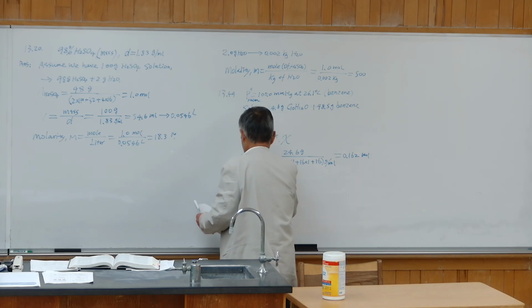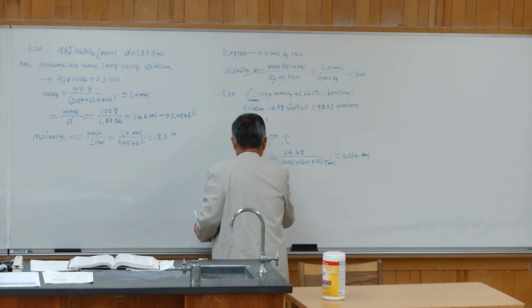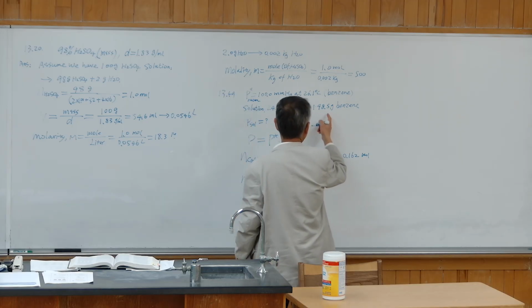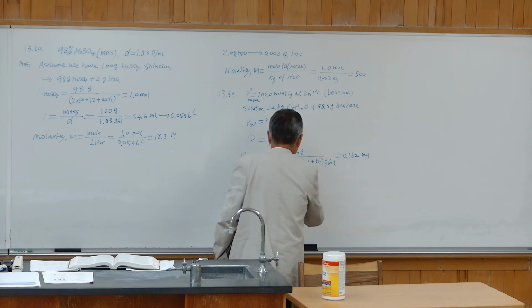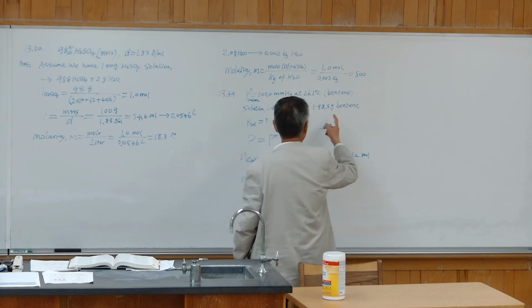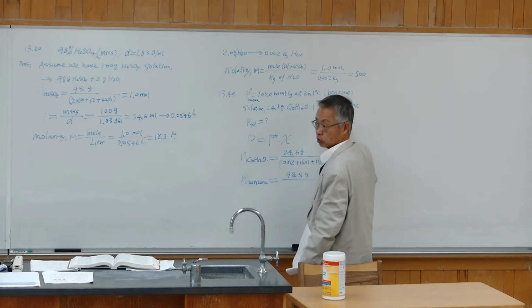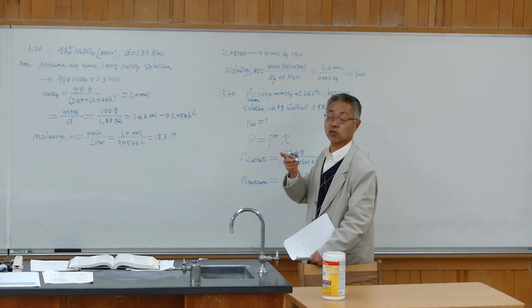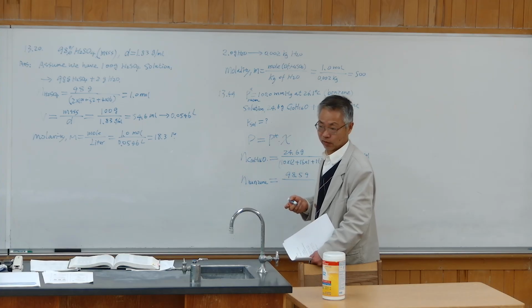The moles of benzene equals the mass of benzene, 98.5 gram, divided by molar mass. The benzene formula is C6H6. Don't worry, in the test, I will provide the formula, and I will provide your periodic table.